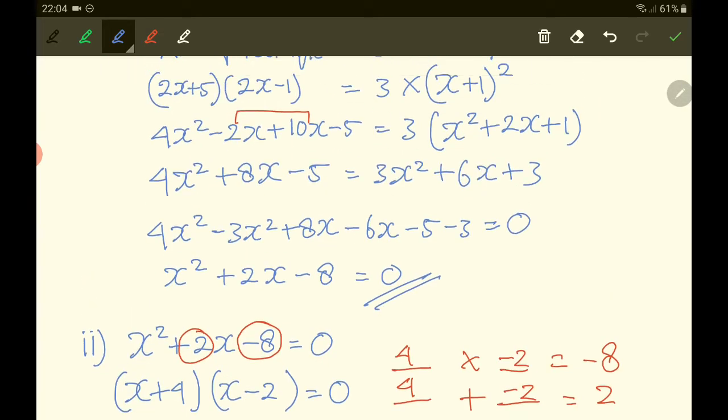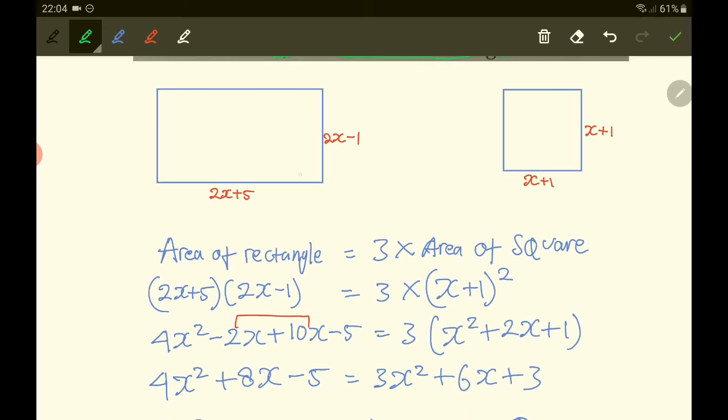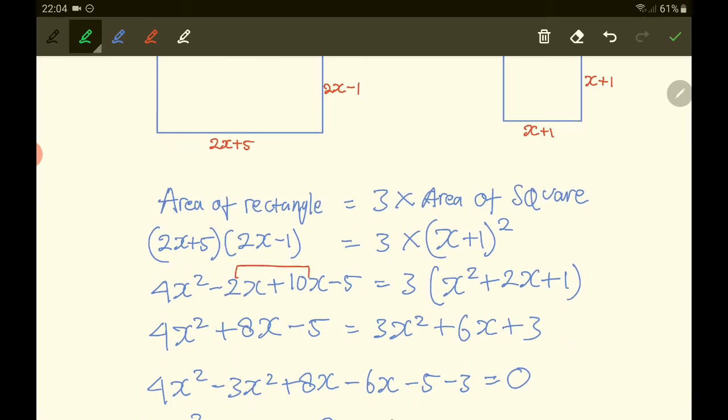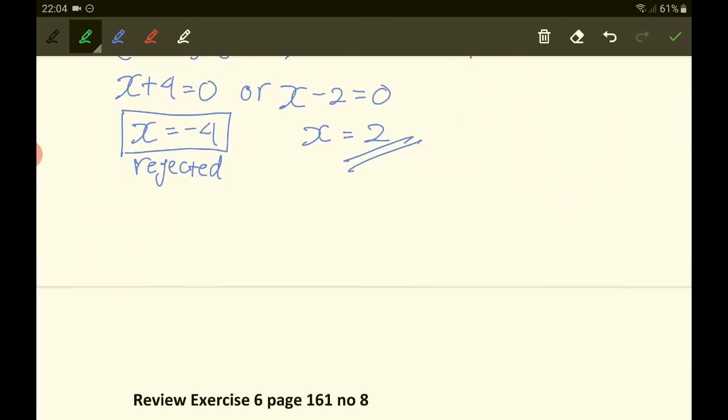Okay, now for the last part here, find the perimeter of the rectangle. So the perimeter of a rectangle, we just need to add. We already have the value of x, and we can find the length and the width.